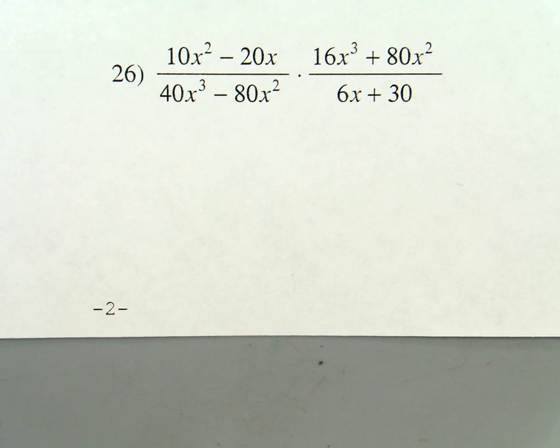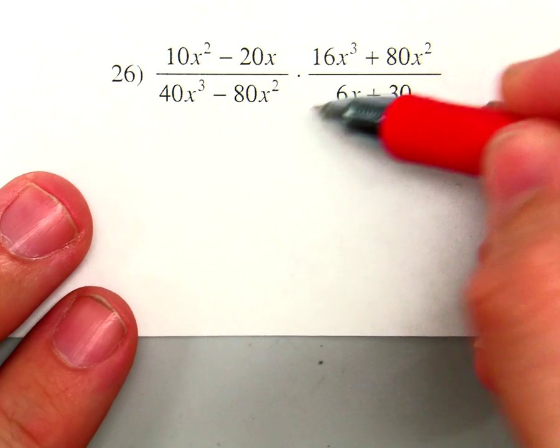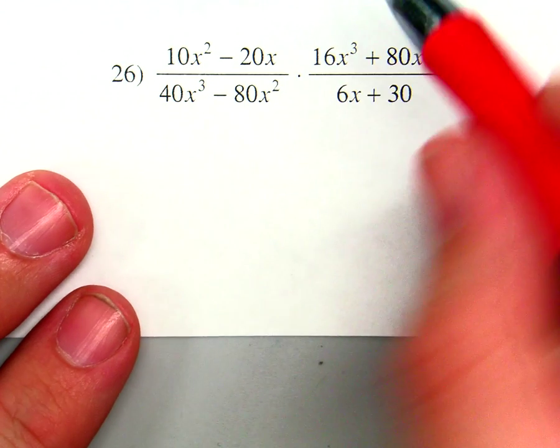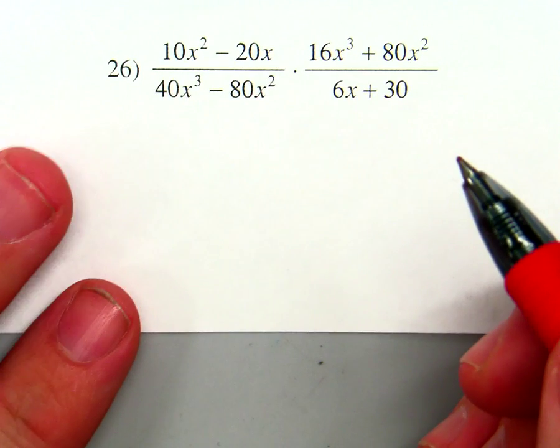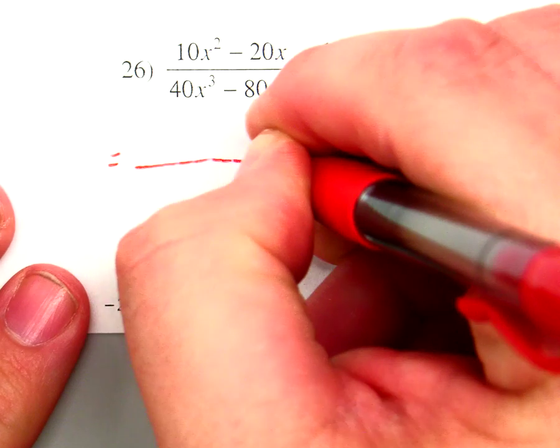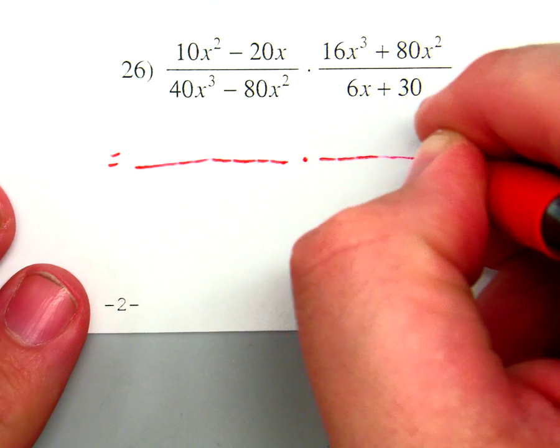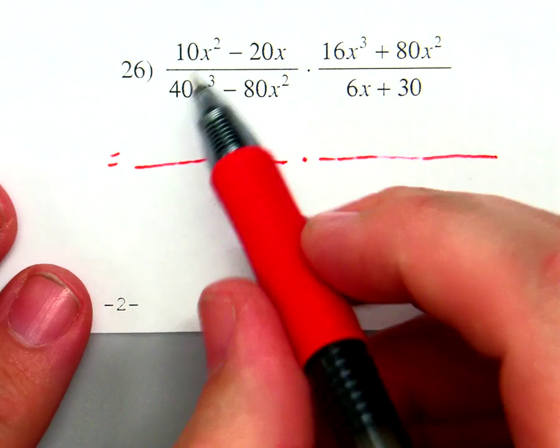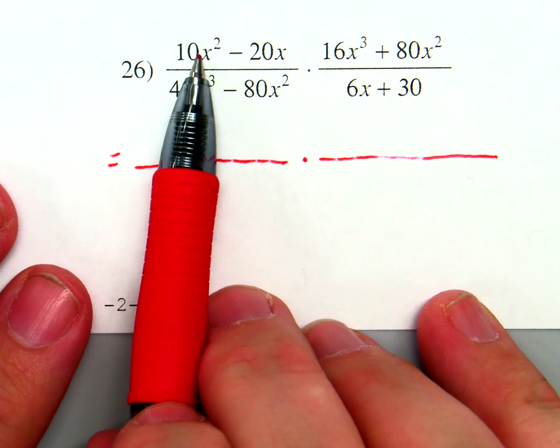All right, for number 26, it's just a multiplication problem, so we don't have to worry about changing the second fraction here. But what we have to do is factor everything. Is there a common factor?